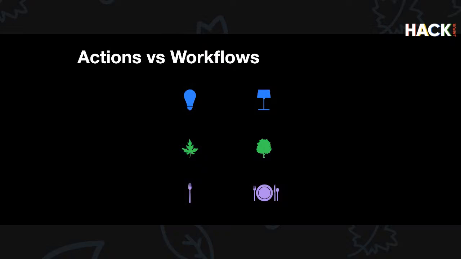It's the same concept as a leaf to a tree, or a fork to a dinner table set. An action is one single atomic unit. A workflow combines multiple different actions in your logic.